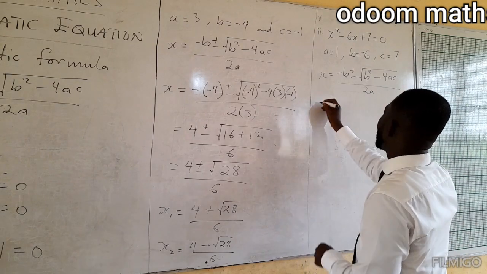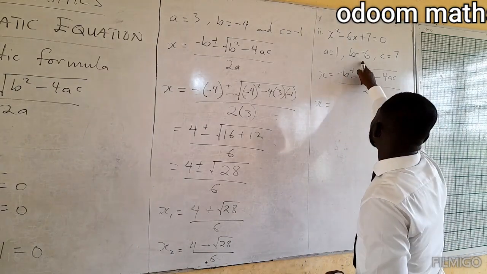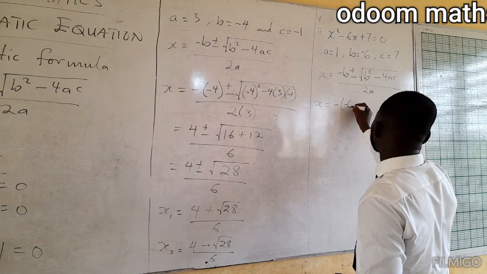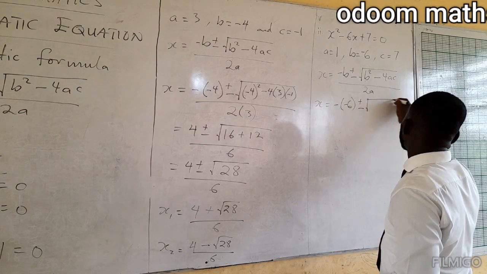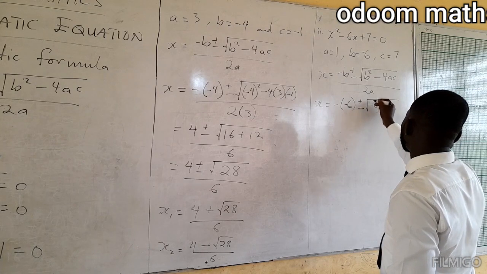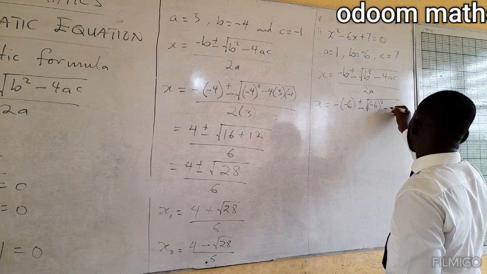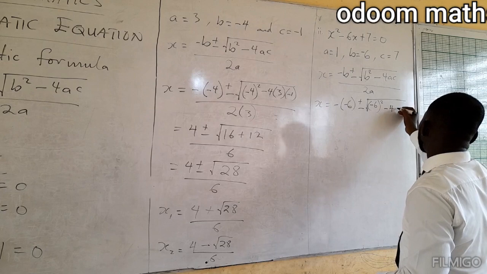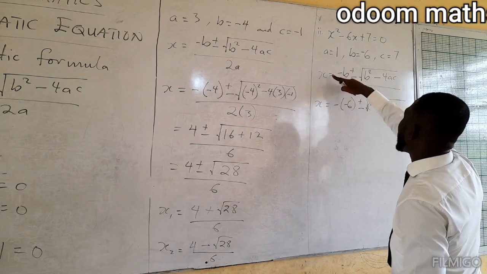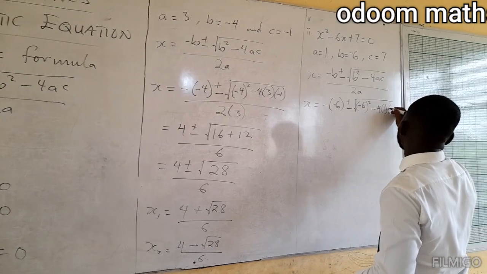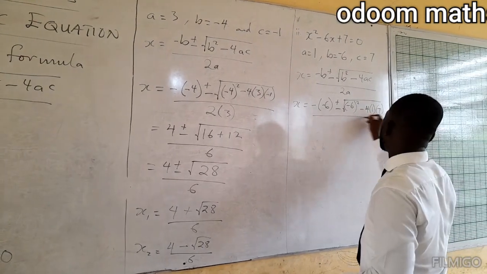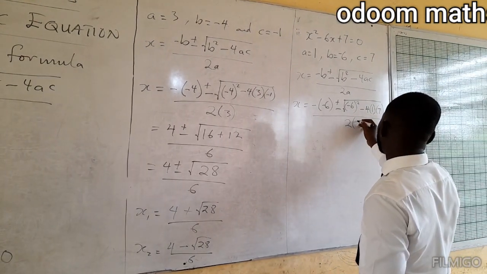So here x becomes, my b is negative into brackets negative 6, then plus and minus square root of negative 6 squared, that is b squared, minus 4 into a, which is 1, into my c, which is 7, all over 2 into a being 1.